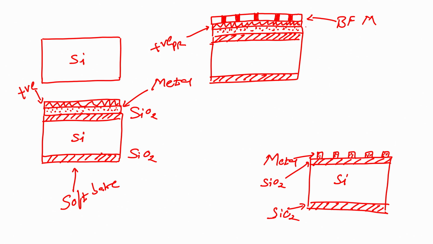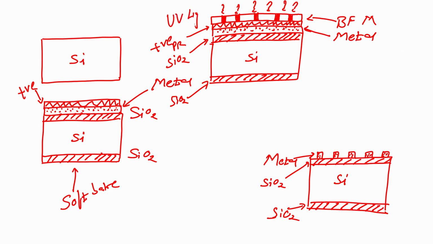Positive photoresist, bright field mask, and then your metal, silicon dioxide on top, silicon dioxide on bottom, silicon as a substrate. After you load the mask, you have to do lithography, so you are exposing with UV light.